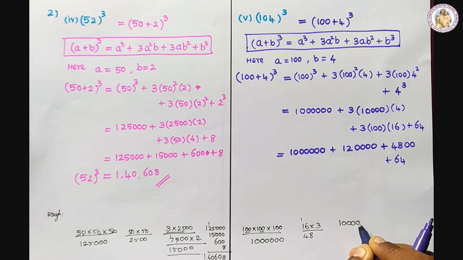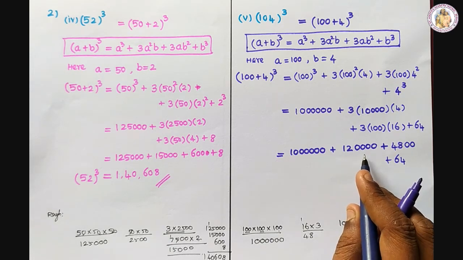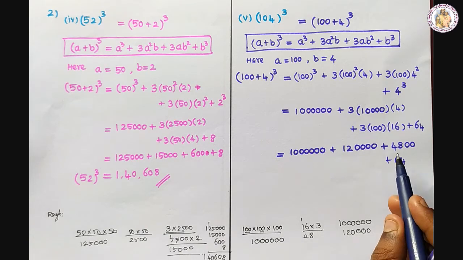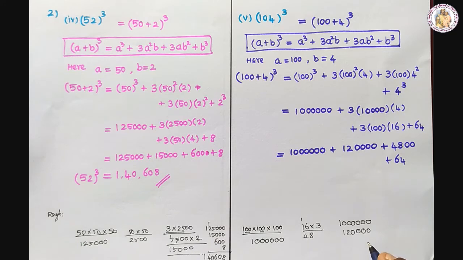10 lakhs and then 1,20,000 and then 4,800 and 64.